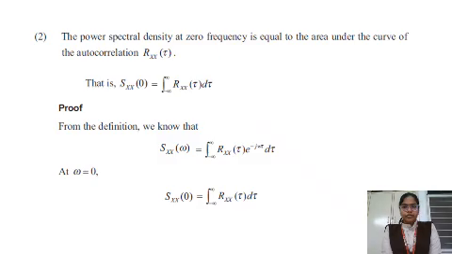The proof: from the definition we know that Sxx of omega equals the integral from minus infinity to infinity of Rxx of tau e power minus j omega tau d tau. If we substitute omega equals 0, Sxx of 0 equals the integral from minus infinity to infinity of Rxx of tau d tau.